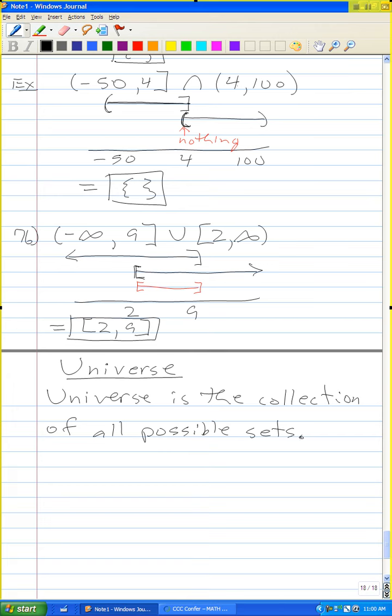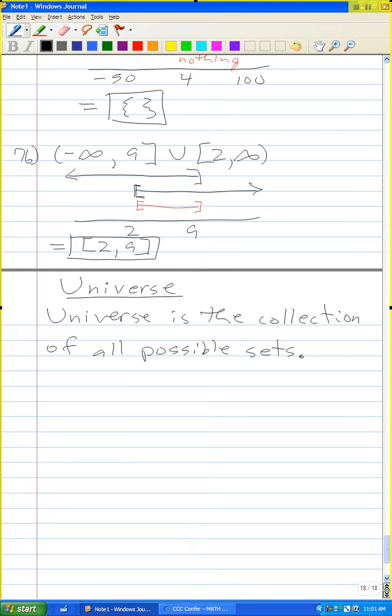Please note that a universe is not necessarily a set. It might be a set, but it might not be a set.